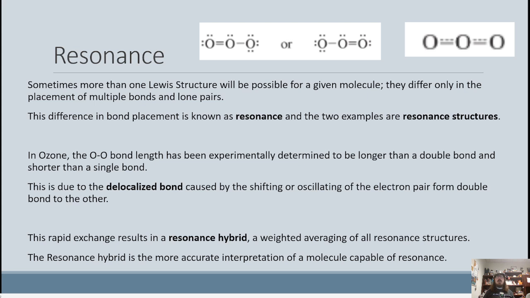Or you could draw oxygen 1 single bonded to oxygen 2, which is double bonded to oxygen 3. Now that may look like just a pedantic argument of who's double bonded to whom, and you can maybe even say, oh, I could rotate it so oxygen 3 now looks like oxygen 1. And that is true, you absolutely could rotate them. But the atoms are not rotating to superimpose themselves on each other. They are distinct structures.